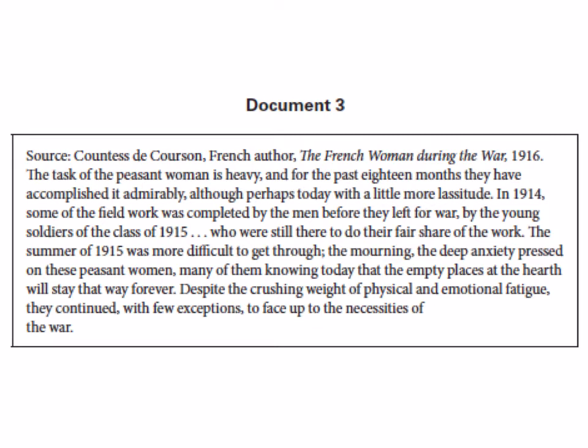I think the title in and of itself lets you understand what the entire work was about. The title, Countess, so a member of the aristocracy, an author, and this is going to be her experience of war.